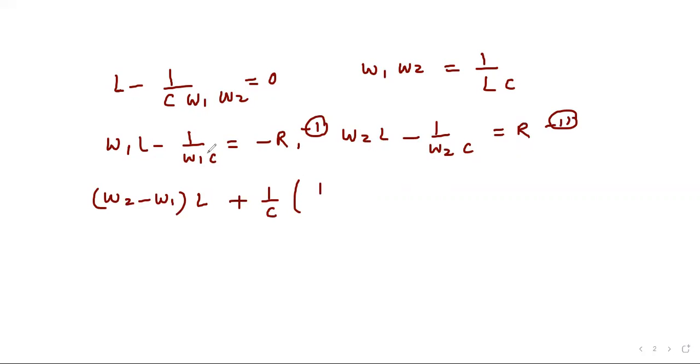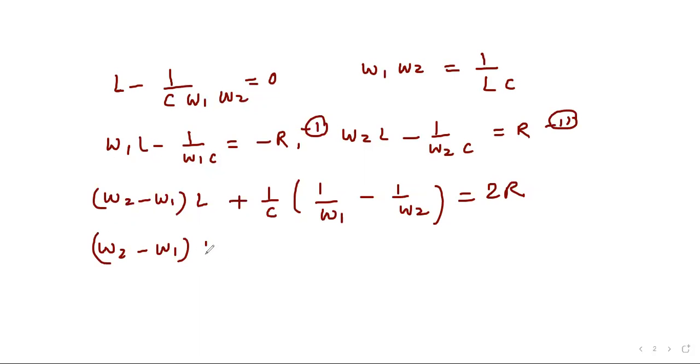So we are subtracting, so this will remain 1 upon omega 1 minus 1 upon omega 2 equal to, it will become 2R. So omega 2 minus omega 1 times L plus 1 upon C times omega 2 minus omega 1 divided by omega 1 omega 2 equal to 2R.